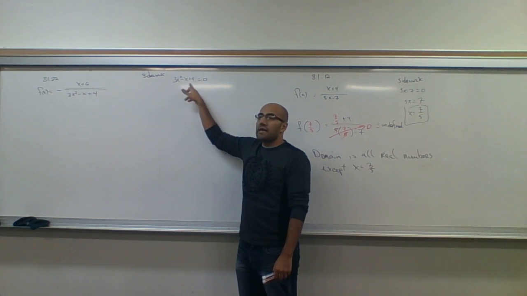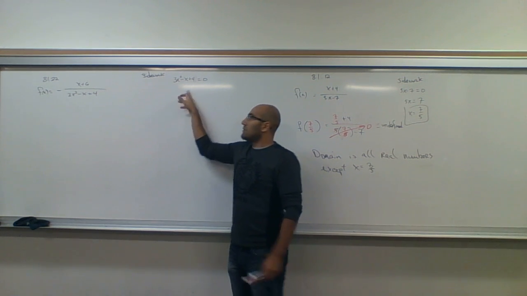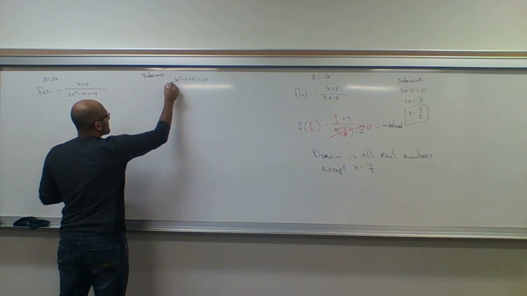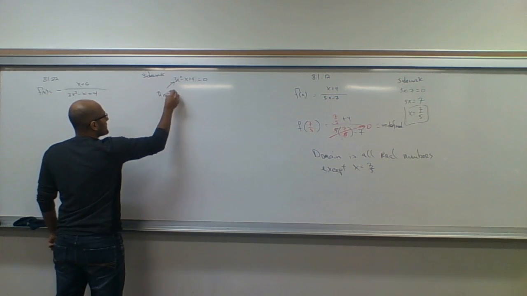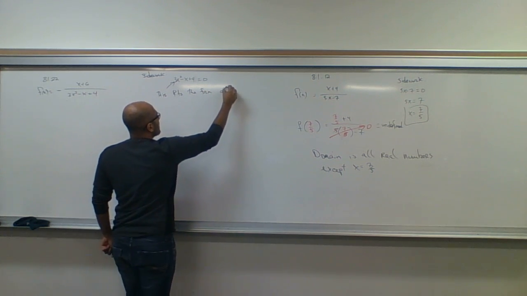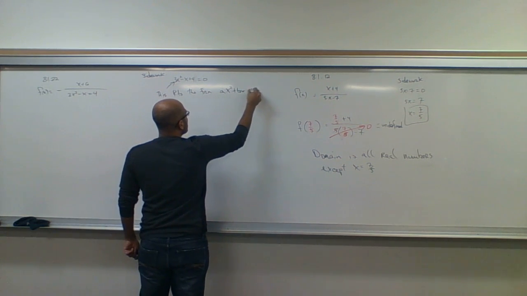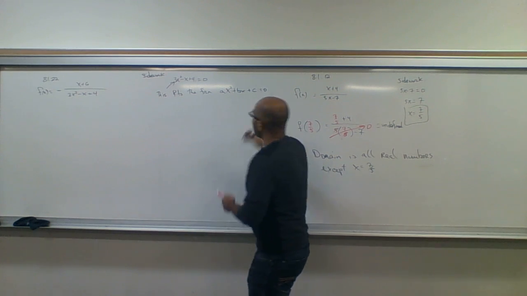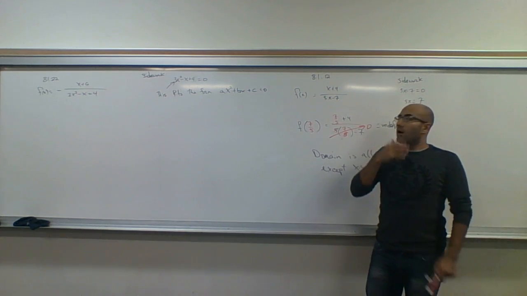This is going to be one of the AC method ones, right? So this fits the form ax squared plus bx plus c equals 0. So we've got a couple choices.